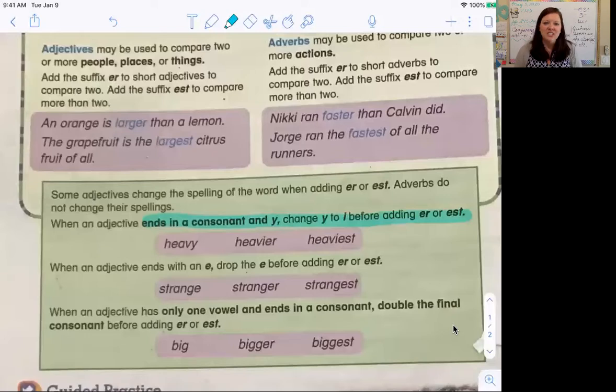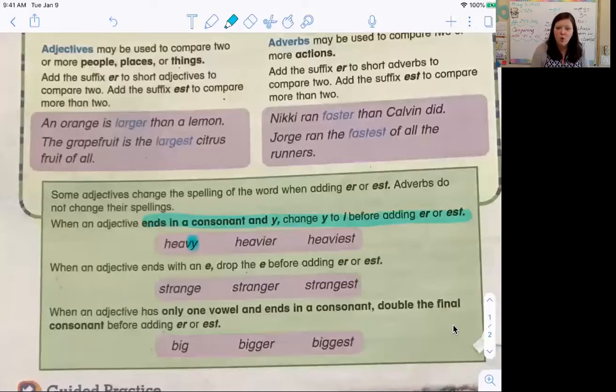Let's look at the adjective heavy. Woo, this is a heavy backpack. With heavy, there's no comparison that's happening here. But let's say I have one backpack in this hand and another backpack in this hand. One might be heavier than the other one because there is a consonant, the V. Do you see that V right there?